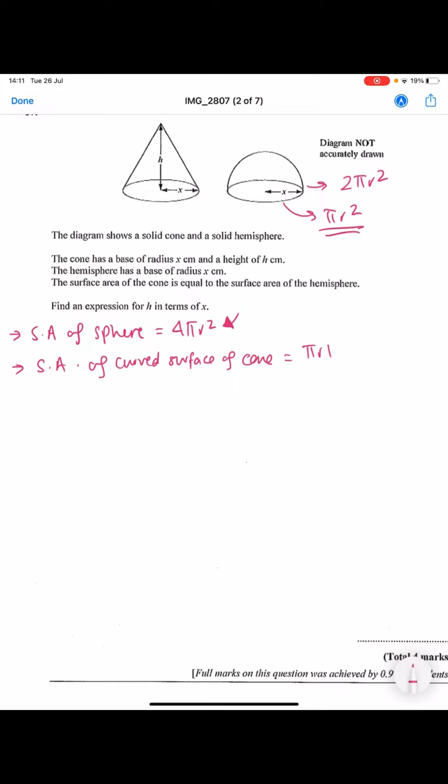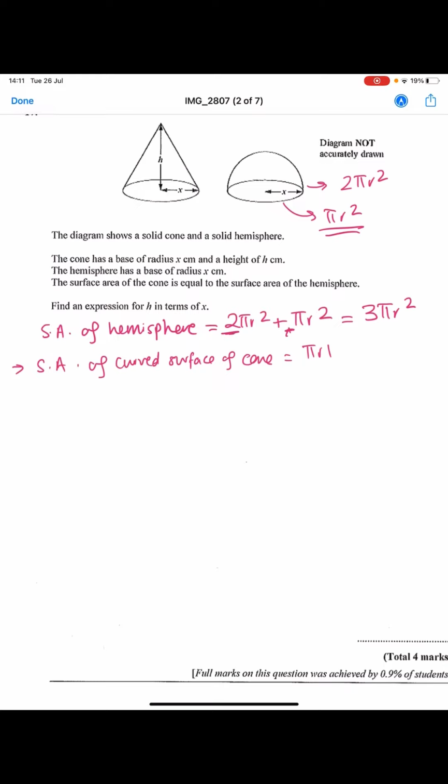So altogether, the surface area of a hemisphere is 2 pi r squared plus pi r squared, which is the same as 3 pi r squared, because 2 plus 1 of these pi r squared equals 3 pi r squared.